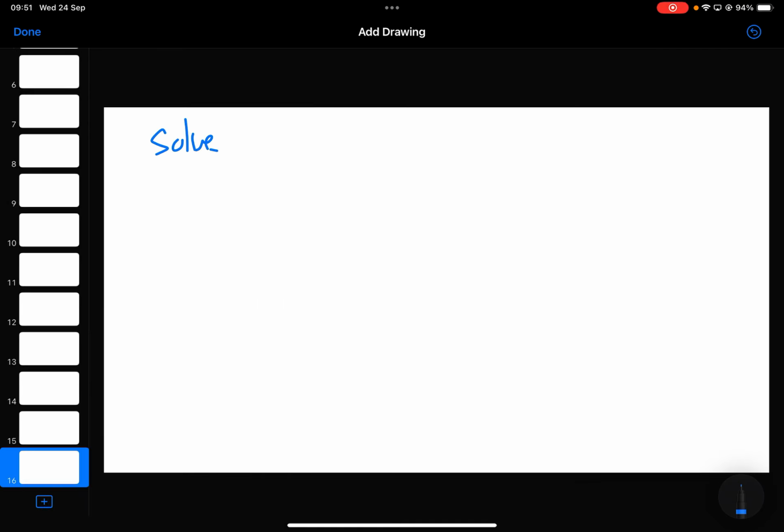Even when I have x at different places, let's say I want to solve this. Still, when I say solve, I want to see what is the value of x that can make left hand side and right hand side the same. So now you see it is difficult already.